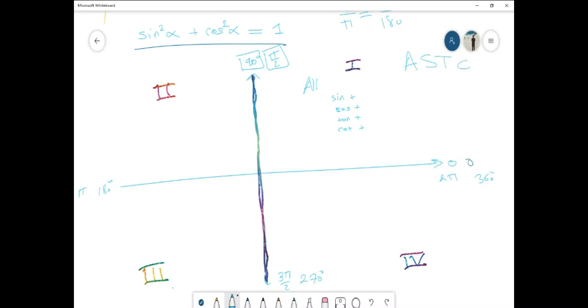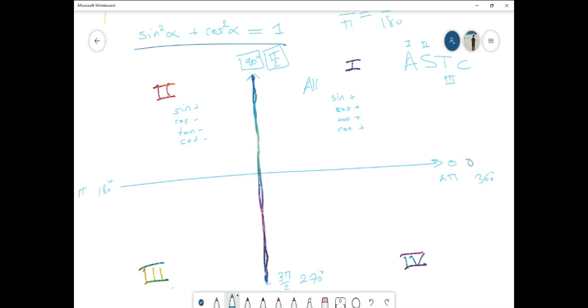And in the second section, we use this formula, maybe a way of memorizing this: A-S-T-C, all, sine, tangent, cosine. This is the first section, this is the second section. In the second section, only sine is positive, and the others are negative.